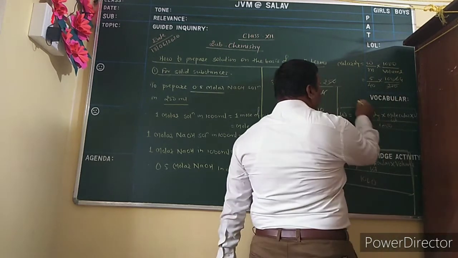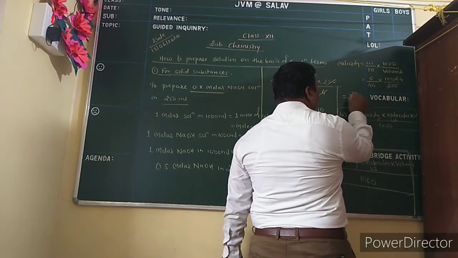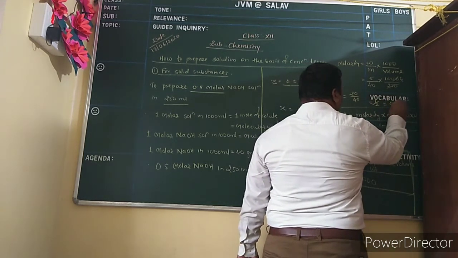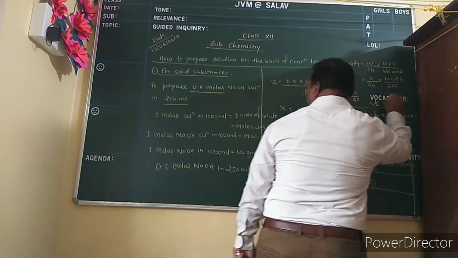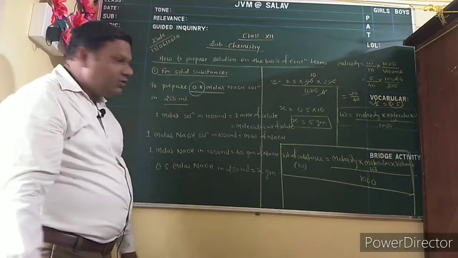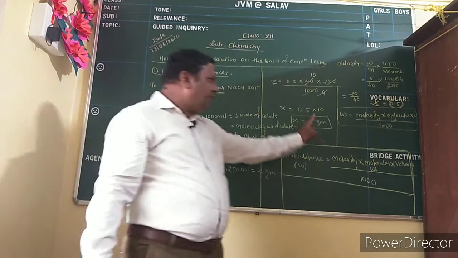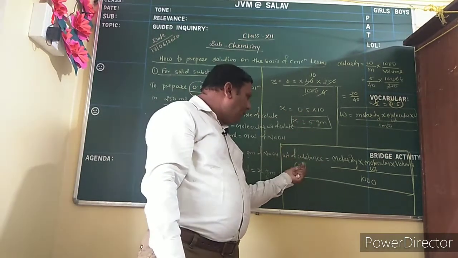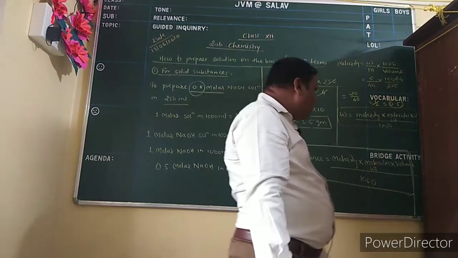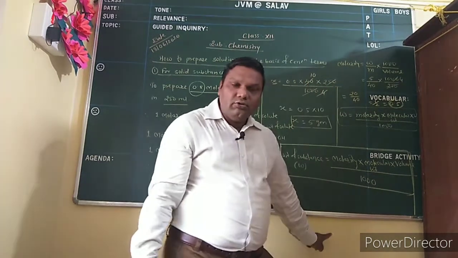Correct? So 20 upon 40 means 1/2, that is 0.5, and here it was 0.5, so the value we calculated is correct. So you apply this formula: weight of substance is equal to molarity into molecular weight into volume upon 1000.